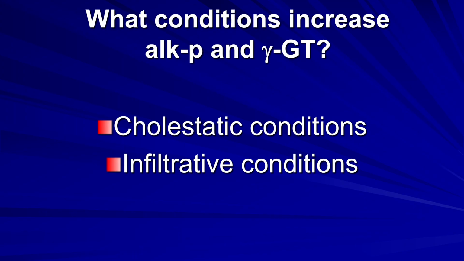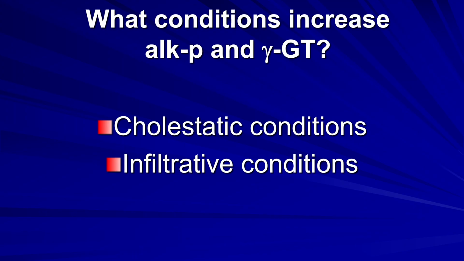And the problem could be anywhere from the canalicular membrane of hepatocytes to the ampulla of Vater. Any obstruction or impairment of bile secretion along that pathway can lead to cholestasis and an increase in alkaline phosphatase and gamma GT.